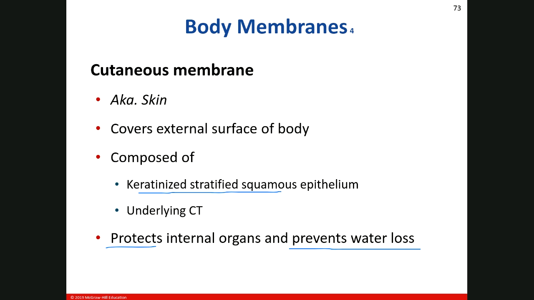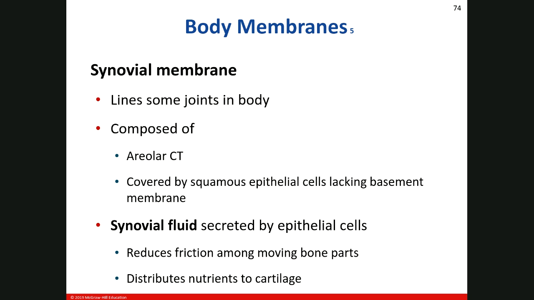Our final membrane is the synovial membrane. This is the membrane that lines only some of the joints. When we learn the joints, you'll see this membrane is only found in what we call synovial joints, so it won't be found in a joint that is not labeled as a synovial joint.